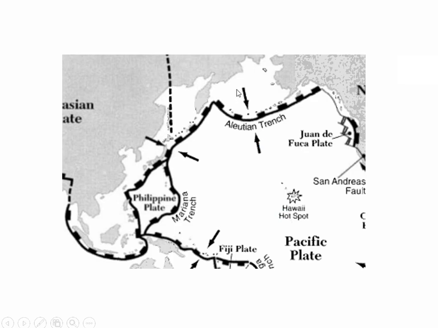We can see this along the Ring of Fire. Of course, that elephant tusk that hangs off of Alaska and all of these Aleutian Islands are all volcanic islands associated with subduction along the Aleutian Trench. The Japanese islands and the Marianas Islands are all occurring along these subduction zones where we have more dense oceanic crust going below less dense oceanic crust.